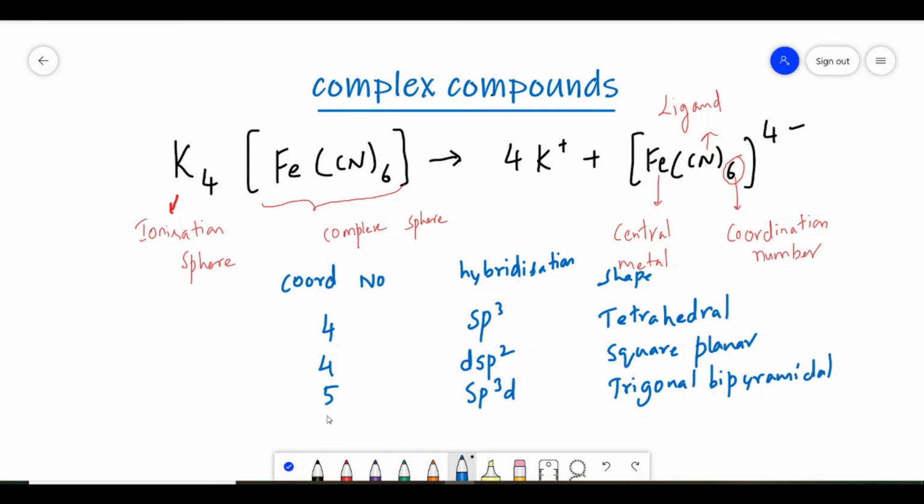Next we can have 6. In the 6 also we get 2 hybridizations. One is sp3d2, and another one is d2sp3. In both cases the structure is the same, that is octahedral.